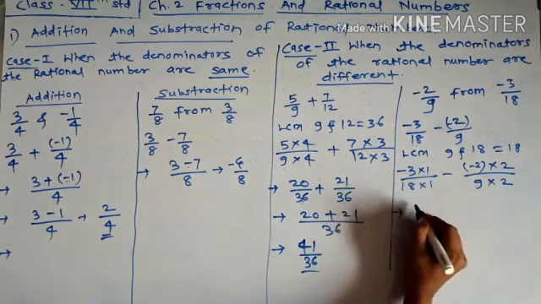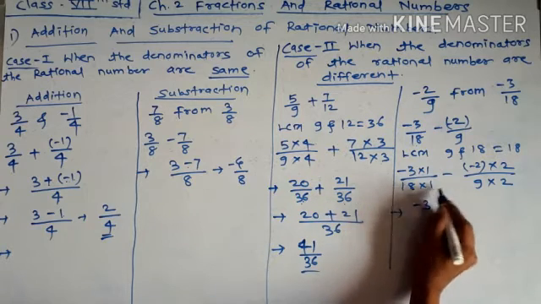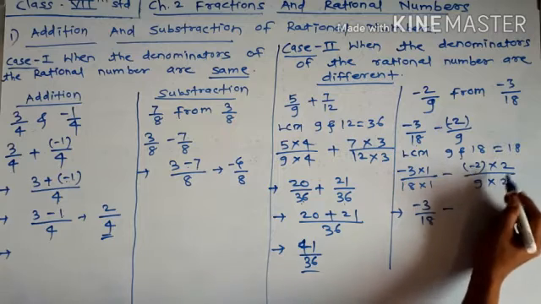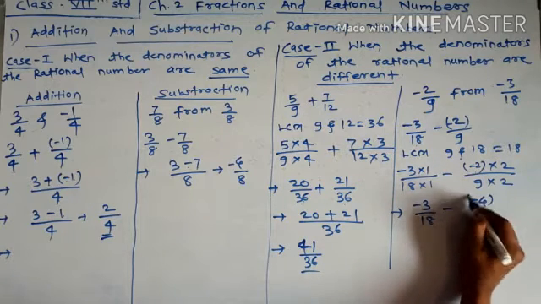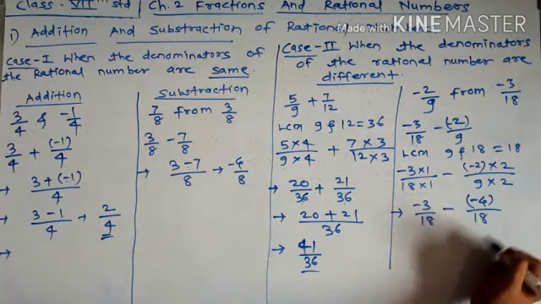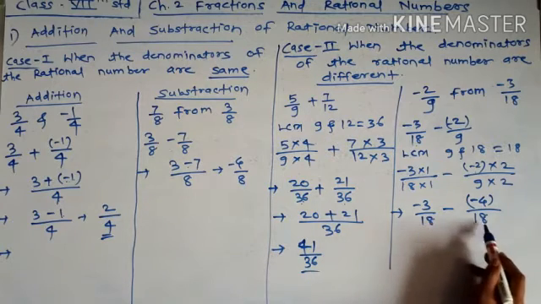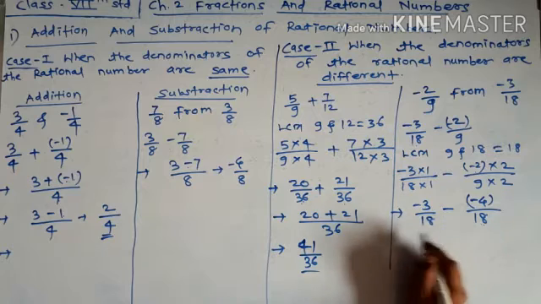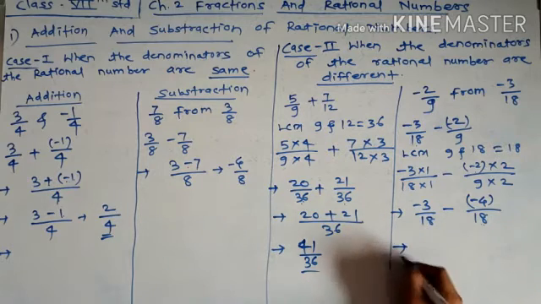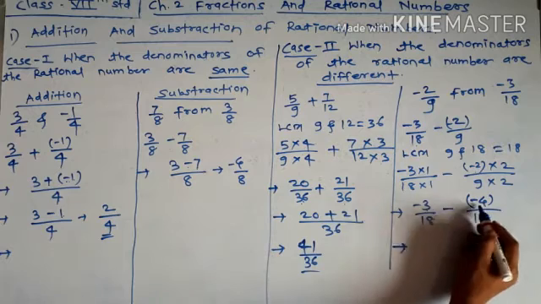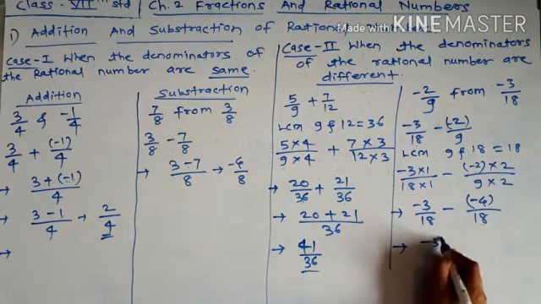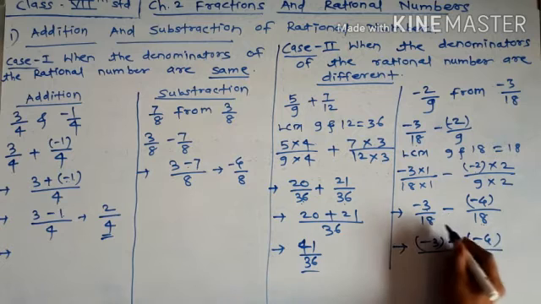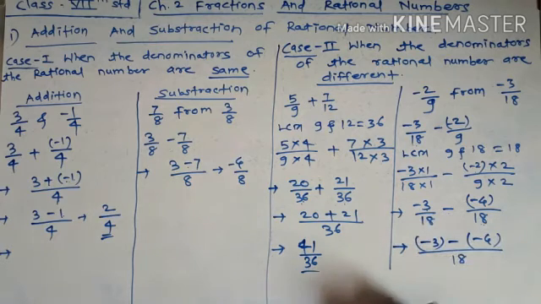Then we get here minus 3 into 1 is minus 3, 18 into 1 is 18, minus 2 into 2 is minus 4, and 9 into 2 is 18. Now we get the two rational numbers having the same denominators. Now to subtract them, we subtract their numerators, that is minus 3 minus of minus 4, and take the denominator as it is.